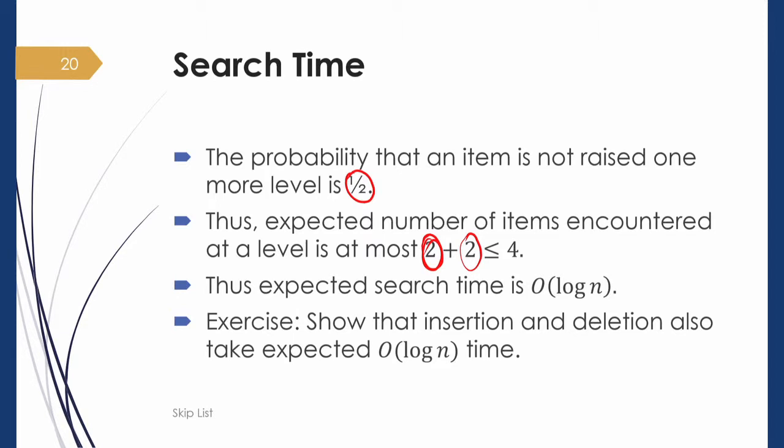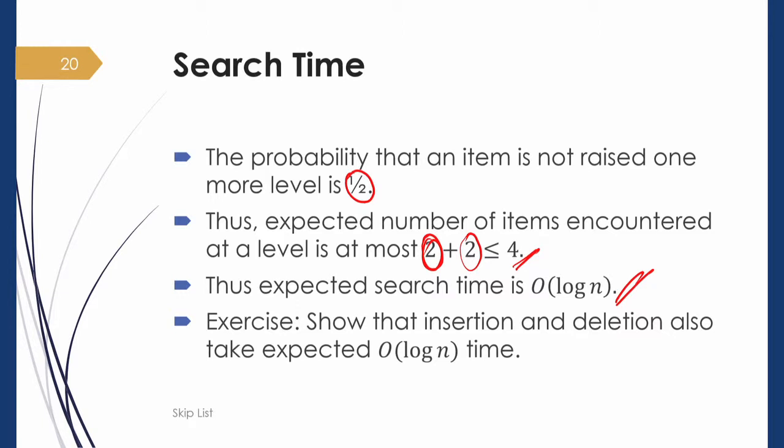So, on expectation we will see at most 4 items per level, and recollecting that there are a total of O of log n levels with high probability, the expected search time is O of log n.